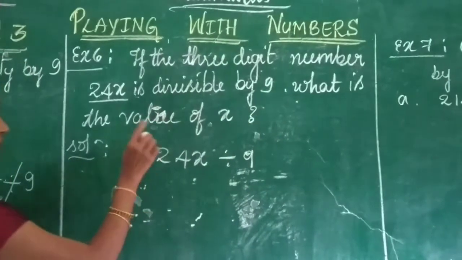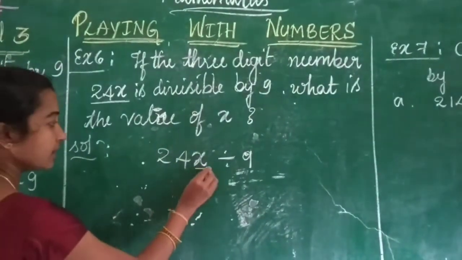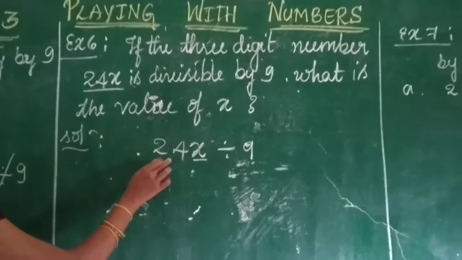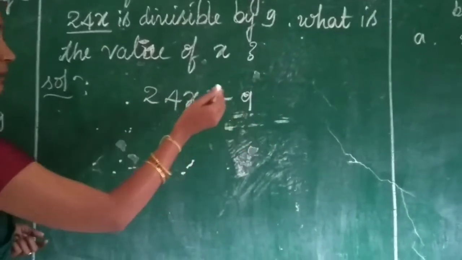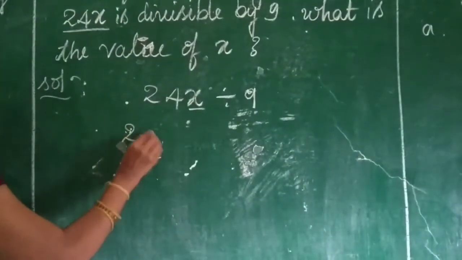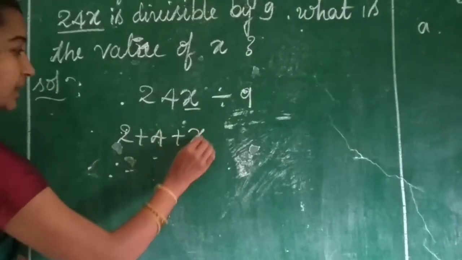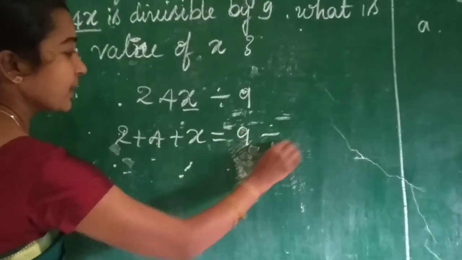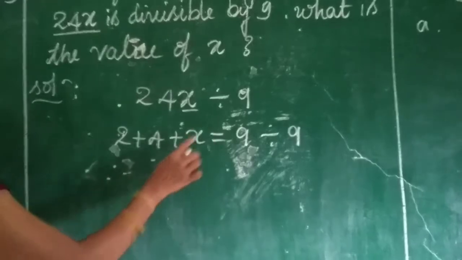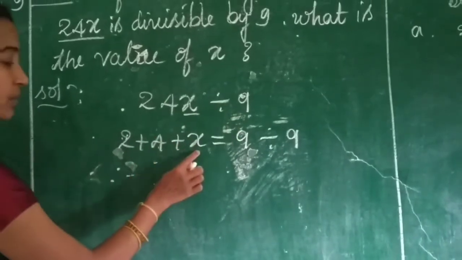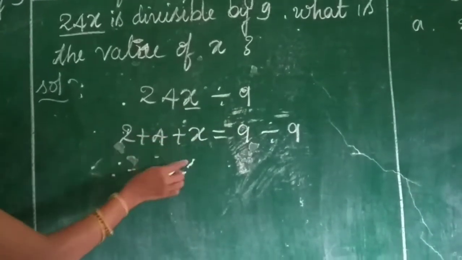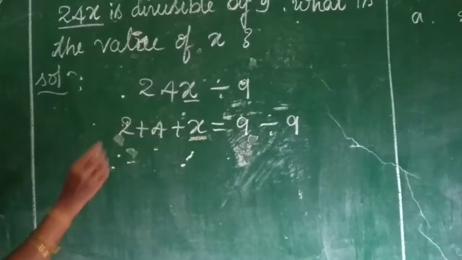What is the value of x? Now let us find x in the number. According to the divisibility by 9 rule, if the sum of the digits of a number is divisible by 9, the whole number is divisible by 9. By using this statement, let us find the value of x.